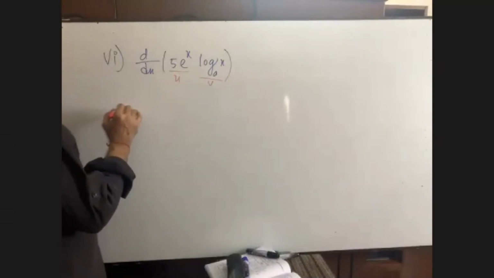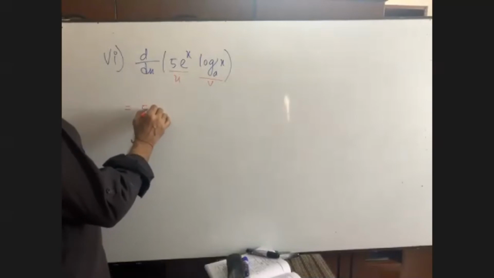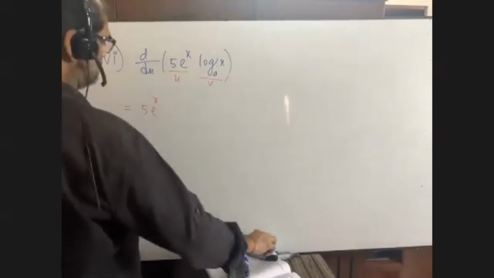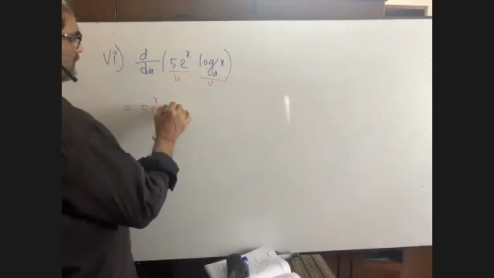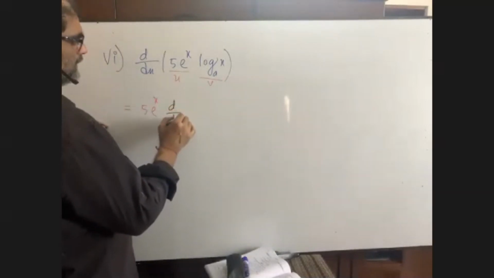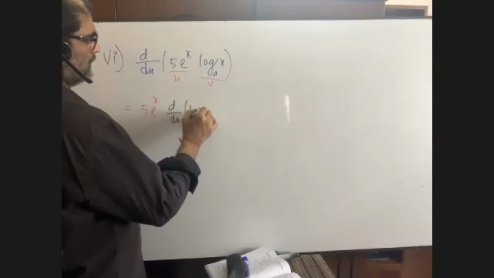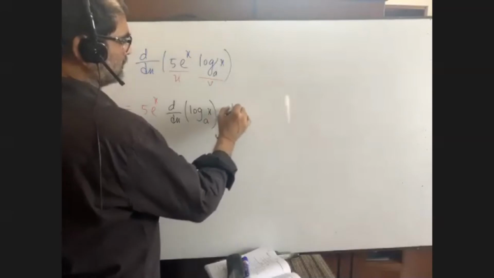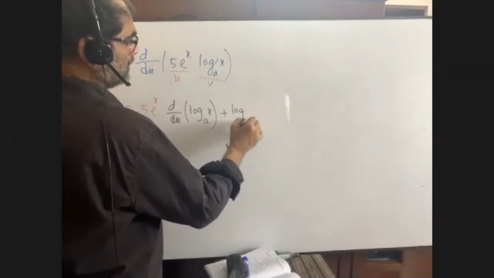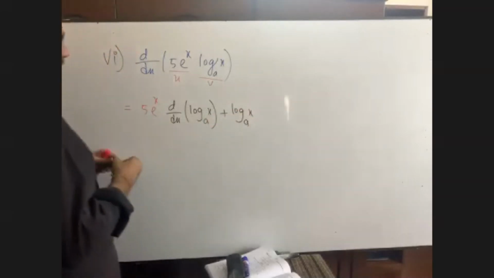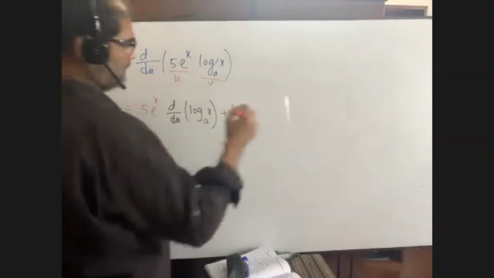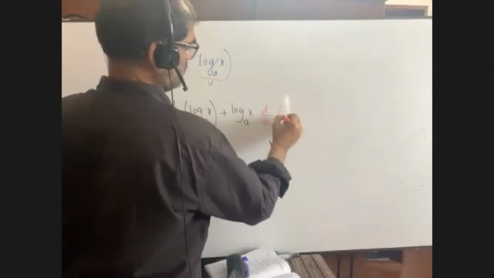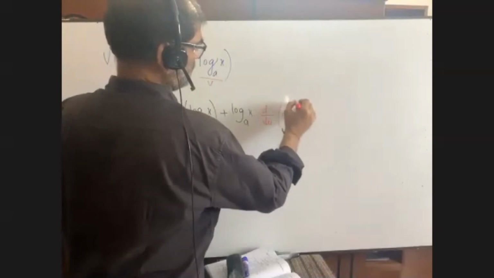That means 5 e to the power x, okay, d by dx of log a base x, plus log a base x d by dx of 5 e to the power x. Talk to me.